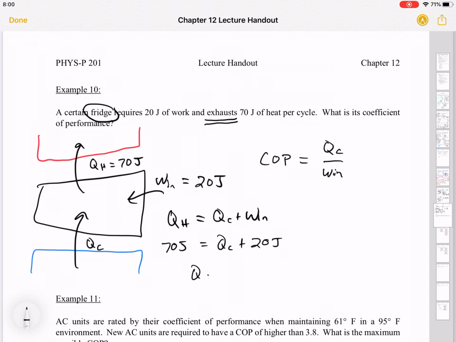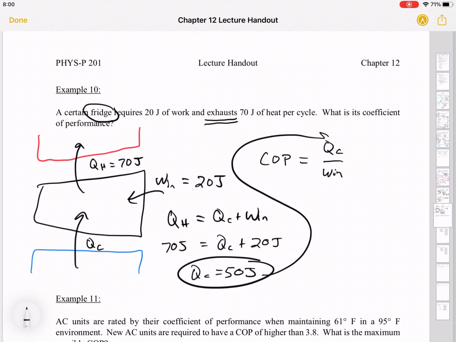So Q cold must be 50 joules. Great, and we're going to plug that in up here. So 50 joules divided by 20 joules. The joules go away, the zeros go away, so it's 5 halves, which is 2.5.